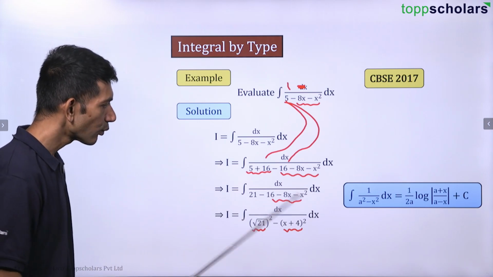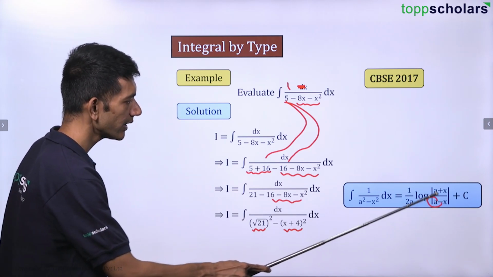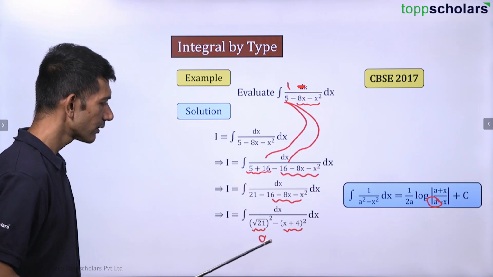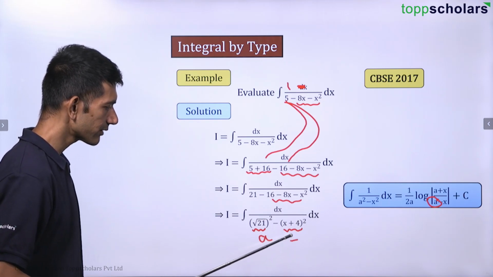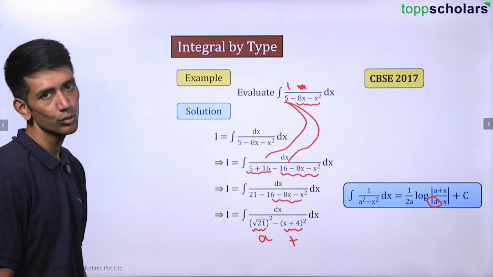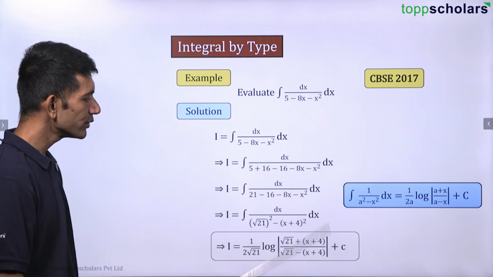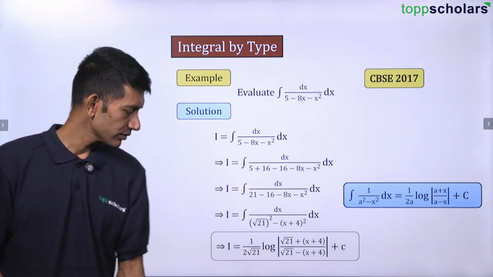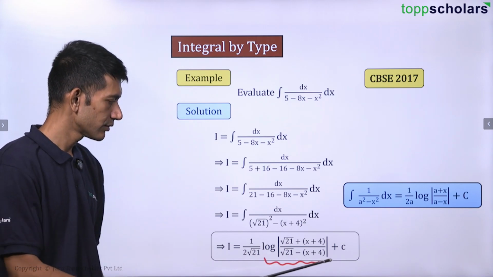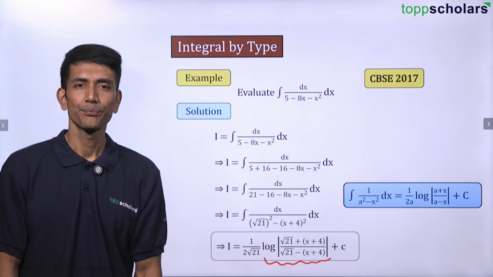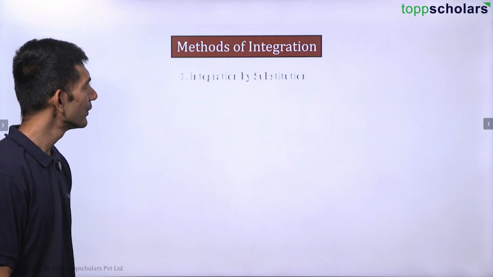Clear? So what is your a? Your a is under root 21. What is your x? Your x is x plus 4. Clear? Let's continue. Put the values, get the answer. Once you put the values, this is what you get. Simple.